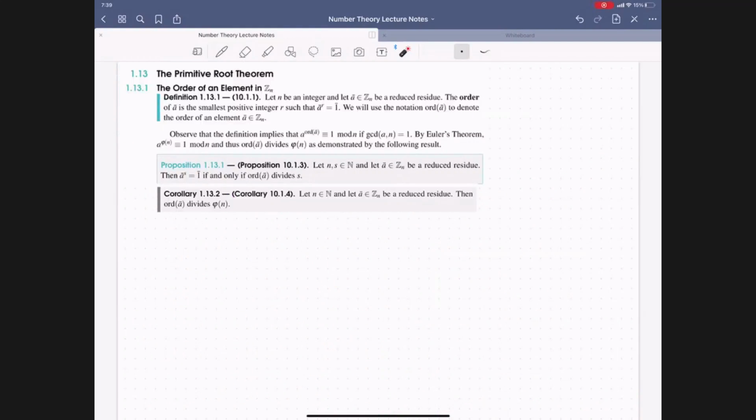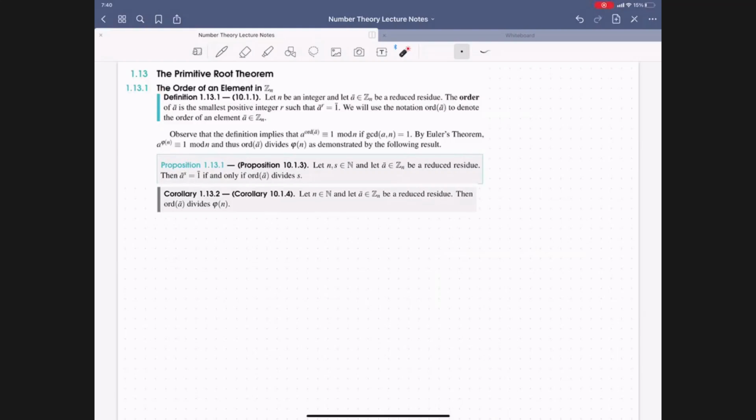So in the next lesson, we're going to be proving what is called the primitive root theorem. So I'm going to finish today's lesson by making some comments on terminology that we will establish in the next lesson. Specifically, what it means to be the order of an element in the integers modulo n.